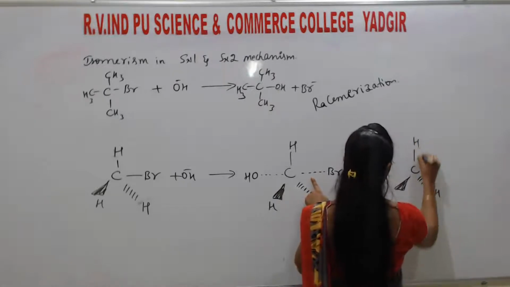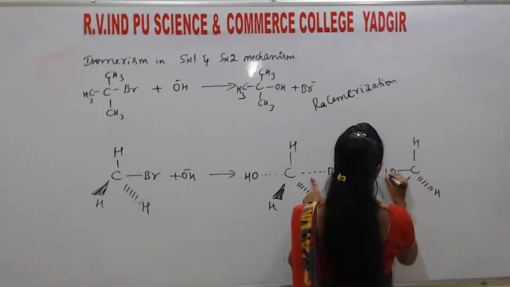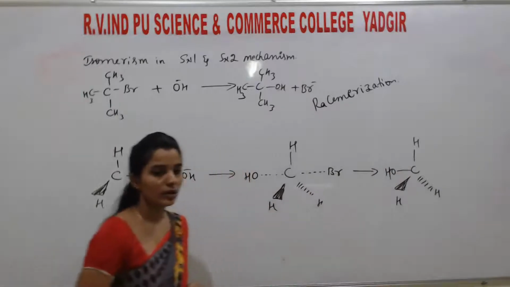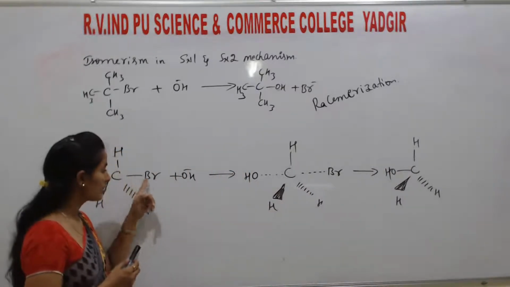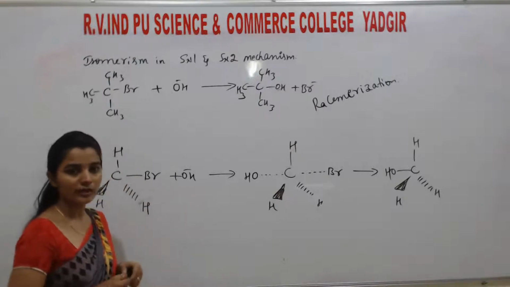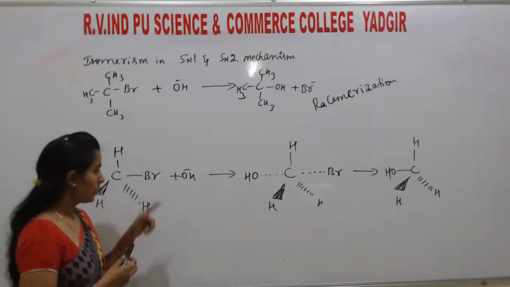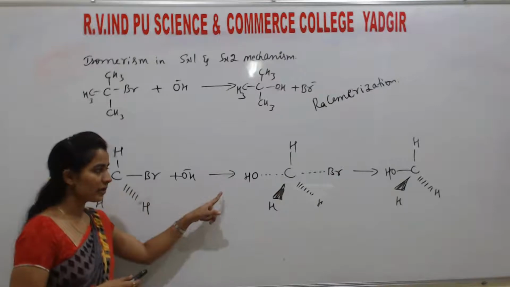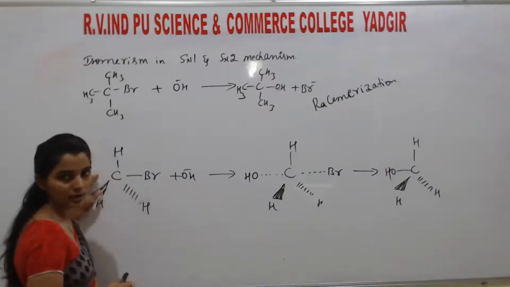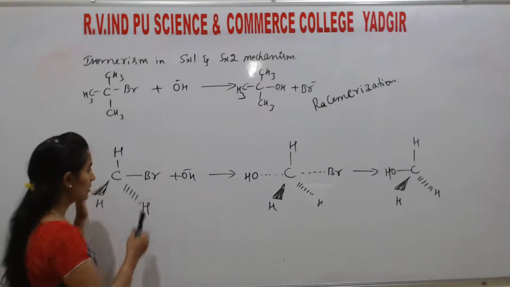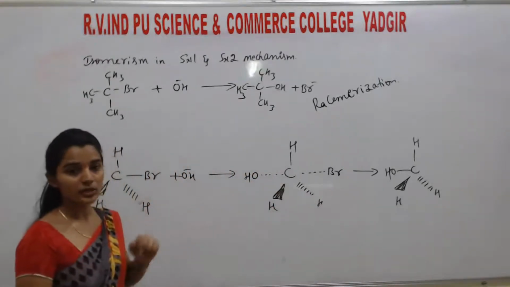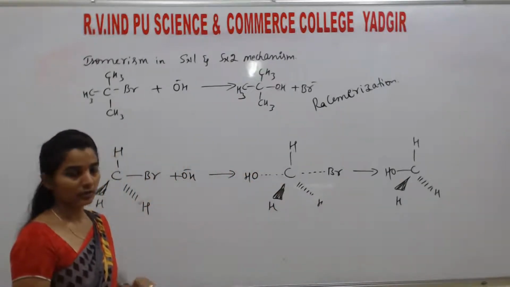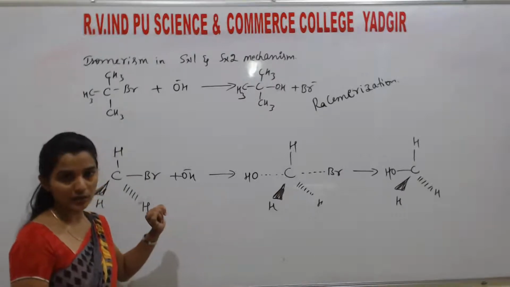Later, it completely breaks, and the bond will form. Always, the bond is formed exactly in the opposite direction from which the leaving group is detached. Here the leaving group is detached in this direction, and the product is formed in this direction. Understand? So from here to here, this is exactly opposite in configuration.